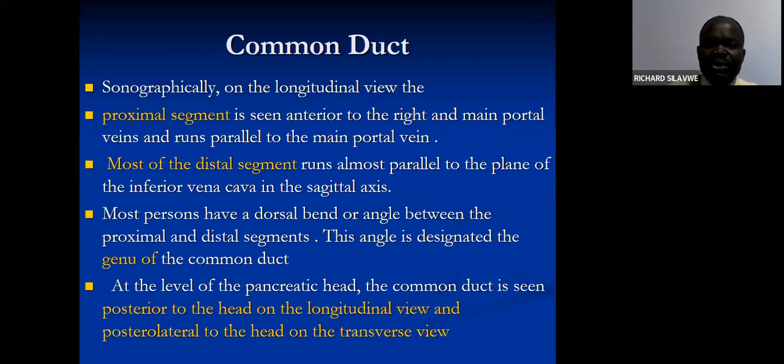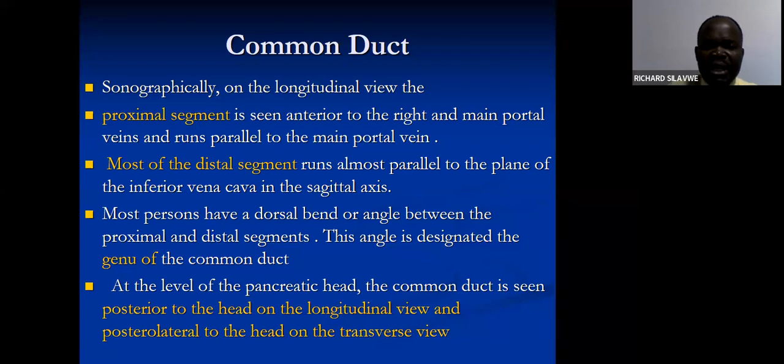Sonographically, on the longitudinal view, the proximal segment is seen anterior to the right and main portal veins and runs parallel to the main portal vein. Most of the distal segment runs almost parallel to the plane of the inferior vena cava in the sagittal axis.